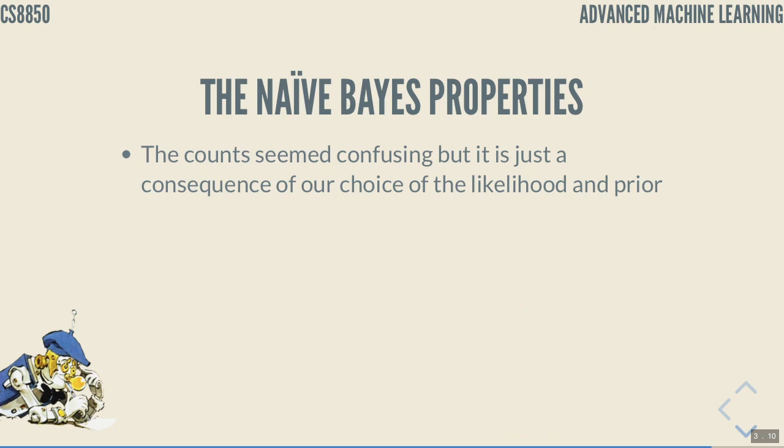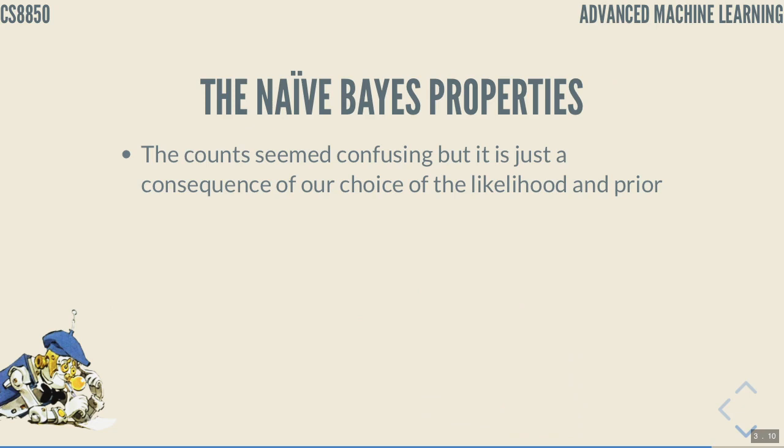But it's a consequence of our choice of the likelihood and prior. We can choose anything we want and estimate those probabilities, the likelihood and prior, as appropriate for our choice. So notice the naive Bayes classifier only governs the form of the conditionally independent maximum a posteriori estimate.